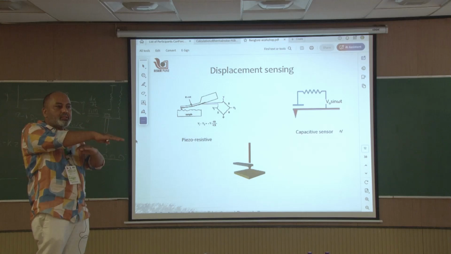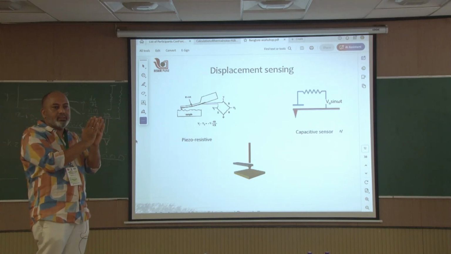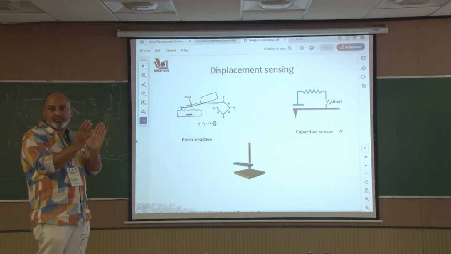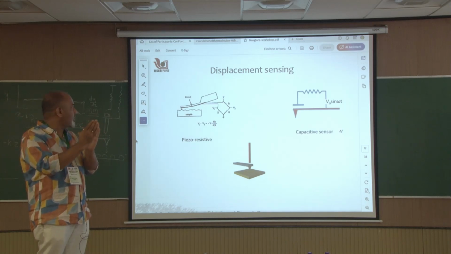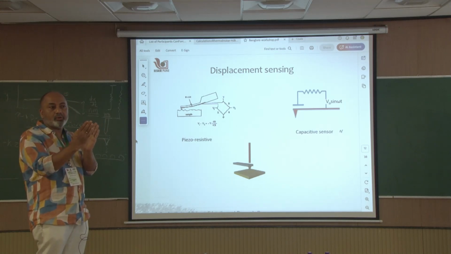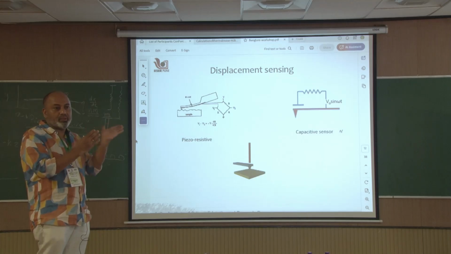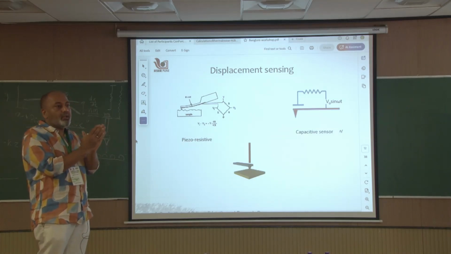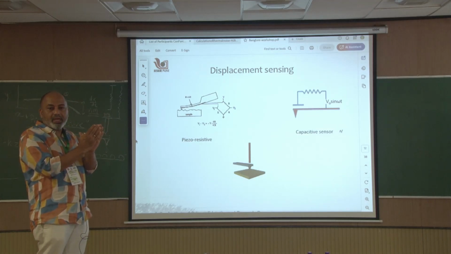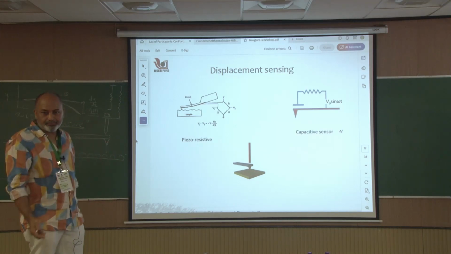And we know that for a capacitor of two plates, if you change the distance, the capacitance changes. So the voltage drop for a given amount of charge between the two, with the dielectric being air in this case, the moment the cantilever deflects, you get a signal.